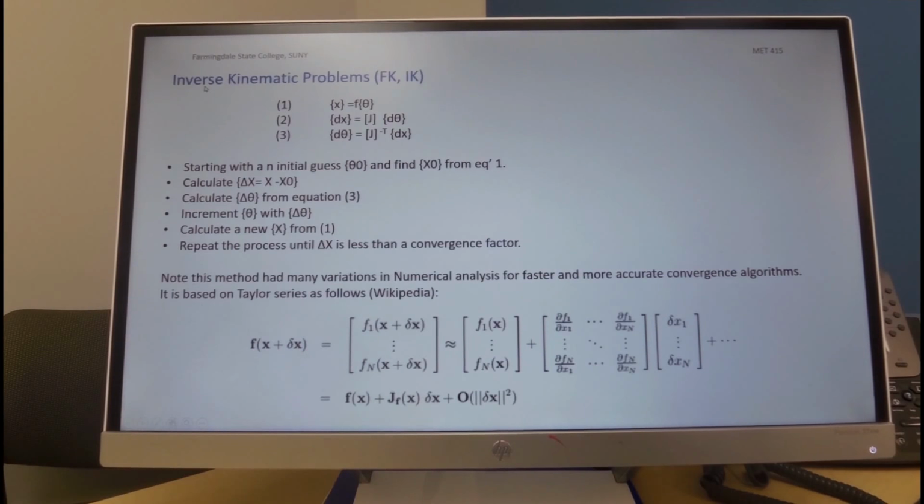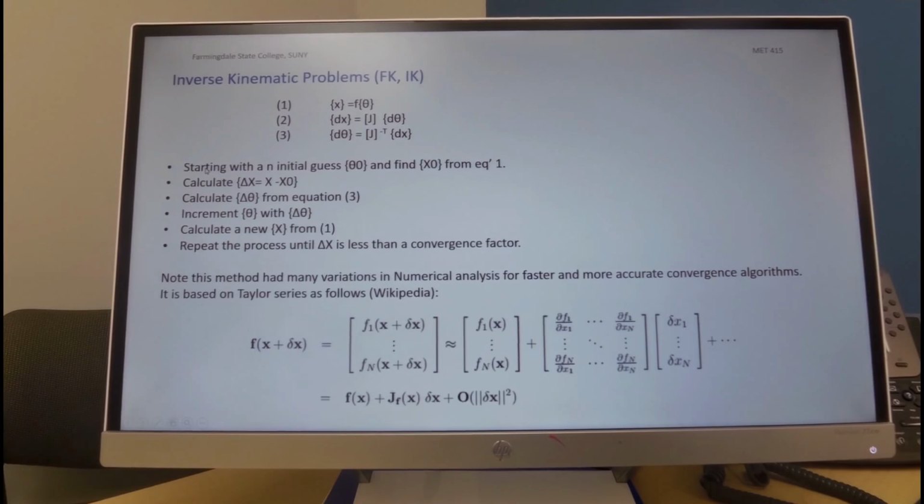Now, to solve the inverse kinematic problem, we recall that x is a given function of theta. And for d theta, we take the transpose of the Jacobian matrix and multiply times dx.